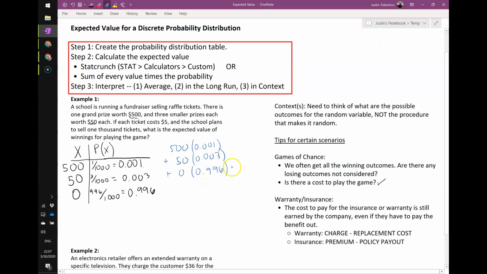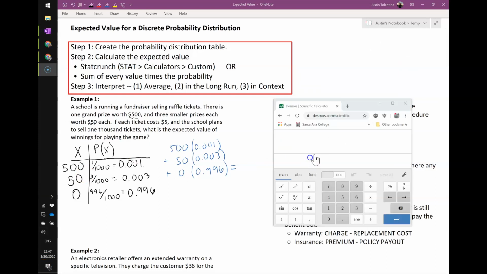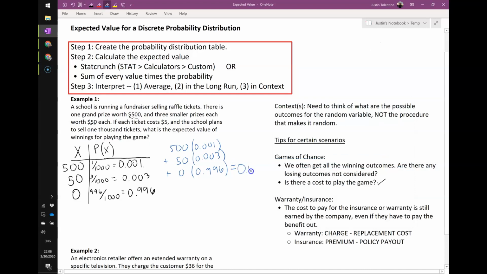And if we add all of those values times the probabilities and add them all together, we get our final answer of 0.65. And there's the expected value for how much each ticket could possibly win.